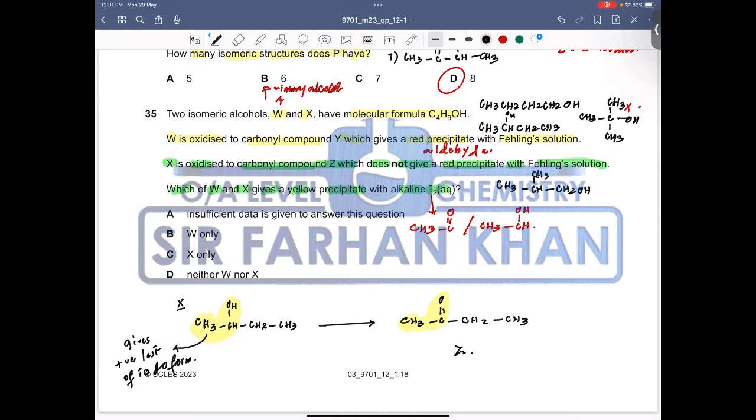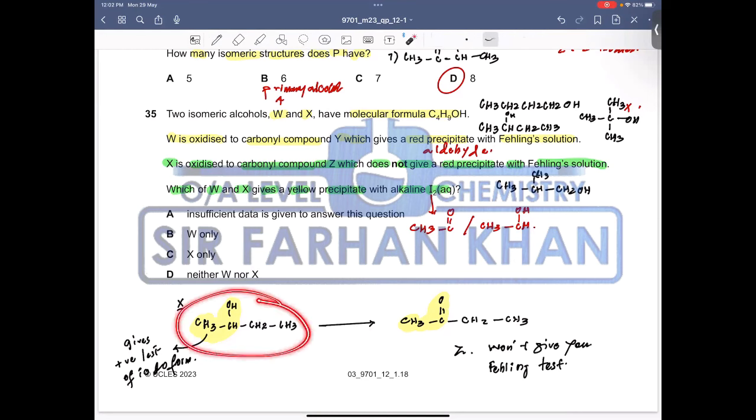This Z won't give you the Fehling test. So X gives a positive test, and when you oxidize it into a ketone, it will give a positive 2,4-DNPH test but won't give the Fehling test, though it will give a positive test of iodoform as well.